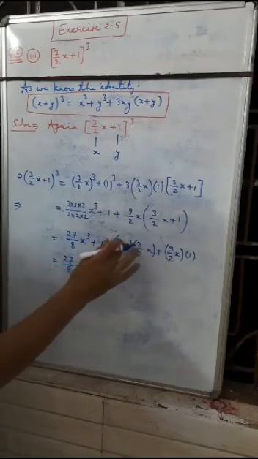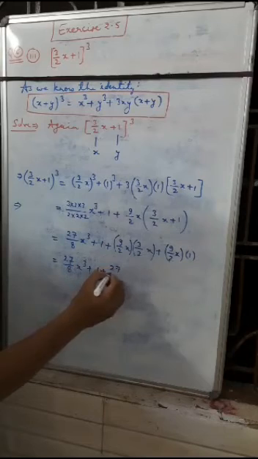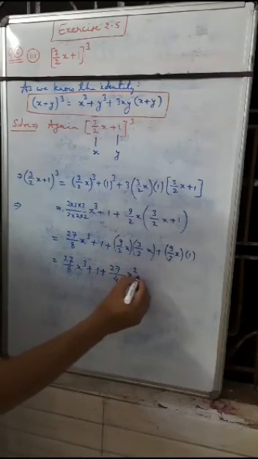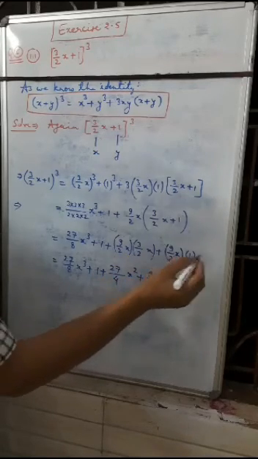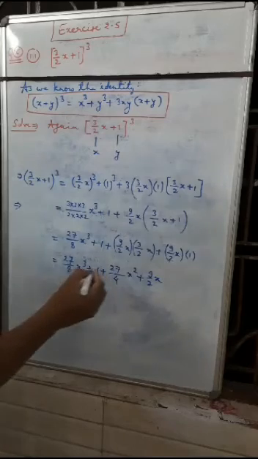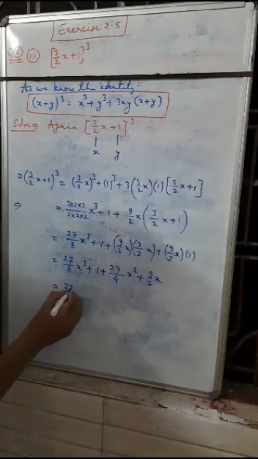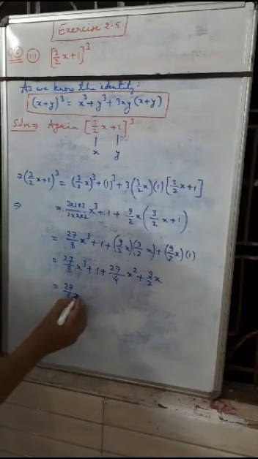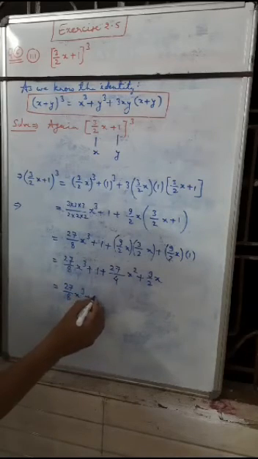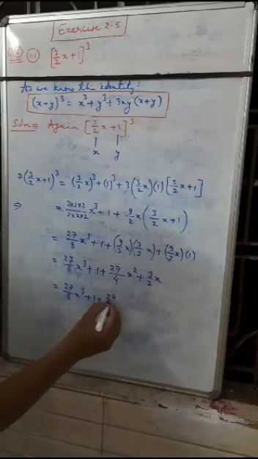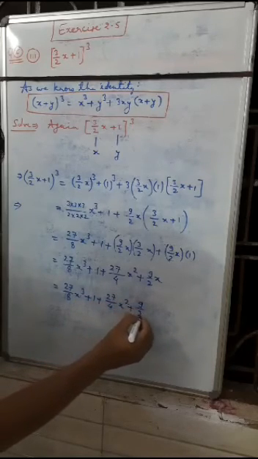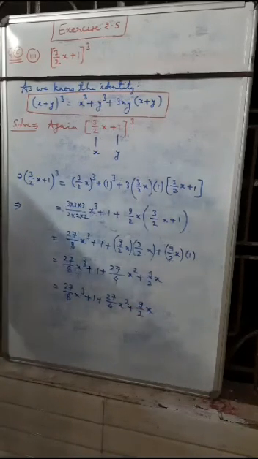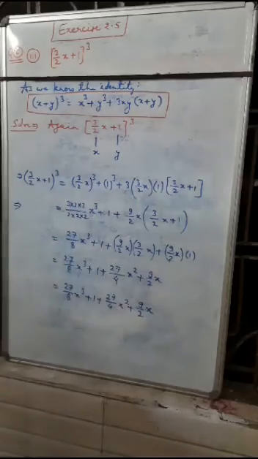Now 9 3s are 27, 2 2s are 4, and x into x is x square. Then 9 by 2x multiplied to 1, nothing will change. So we will get 27 by 8x cube plus 1 plus 27 by 4x square plus 9 by 2x, and it is the answer of the given question.